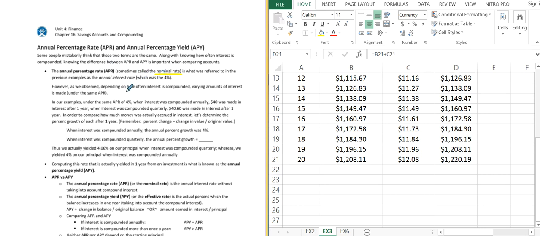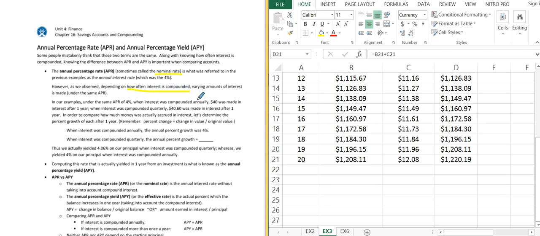I just did a few examples, all involved 4%, but all of them earned me a different amount of money. So an annual percentage rate or a nominal rate only tells part of the story. The rest of the story, in terms of how much money I'm going to make, is going to come from how often the interest is compounded. That affects how much money I make.